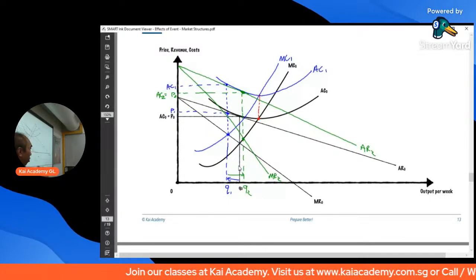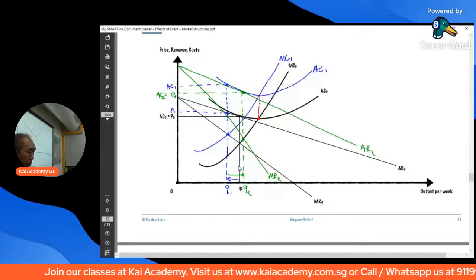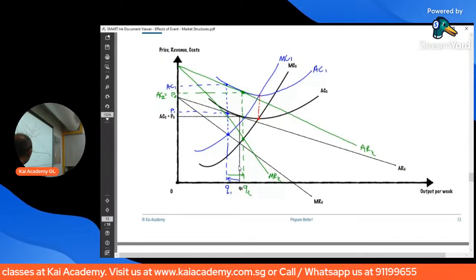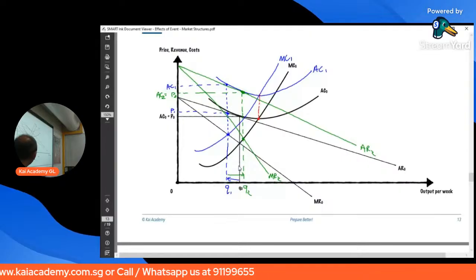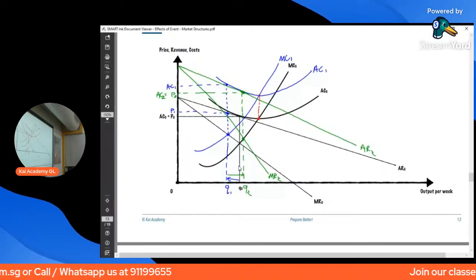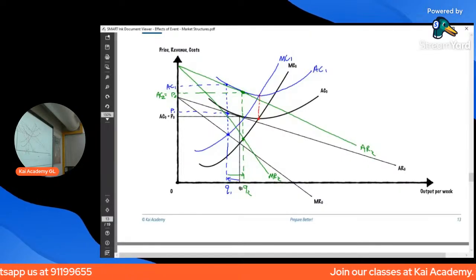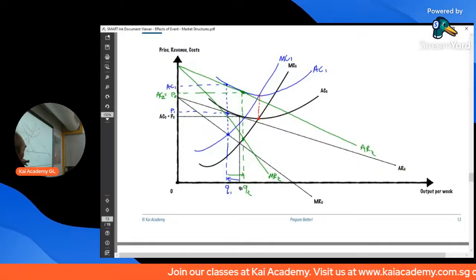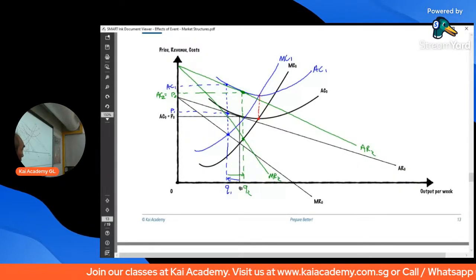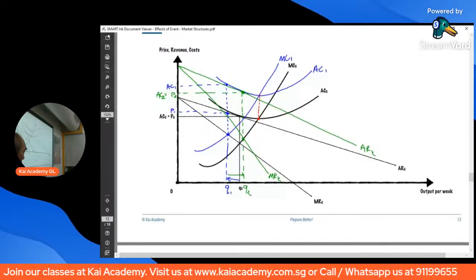That's why the firm ends up with normal profits. All right, so this is the way we draw the adjustment to long run for MPC firms for variable cost increase.